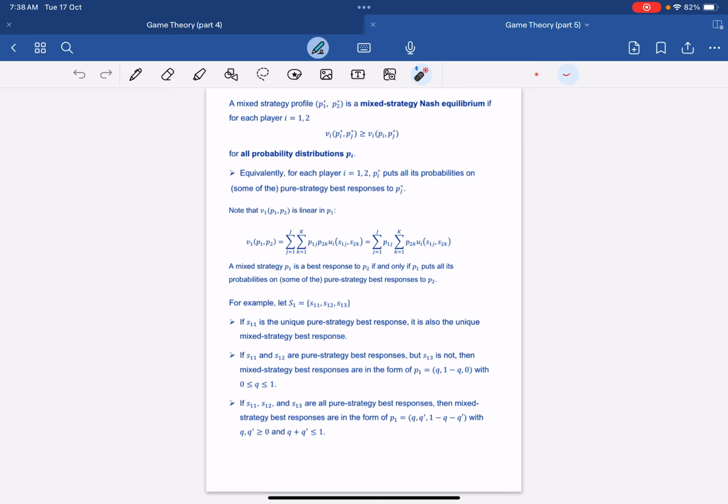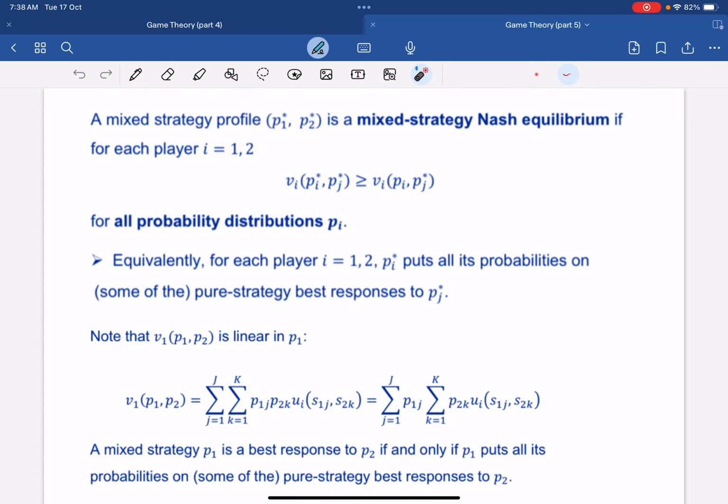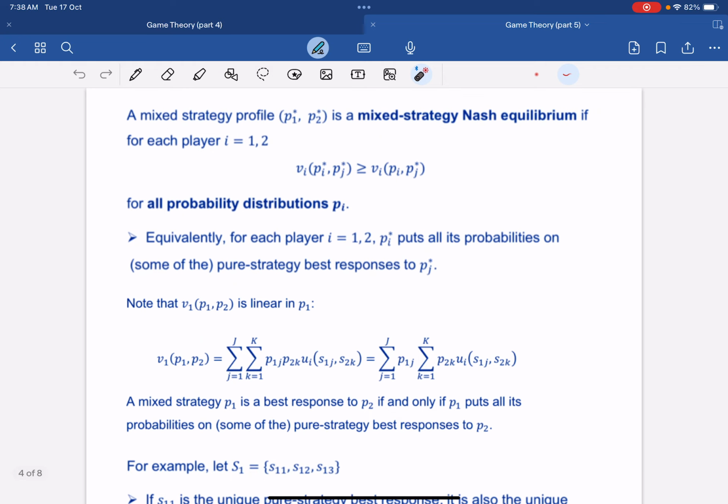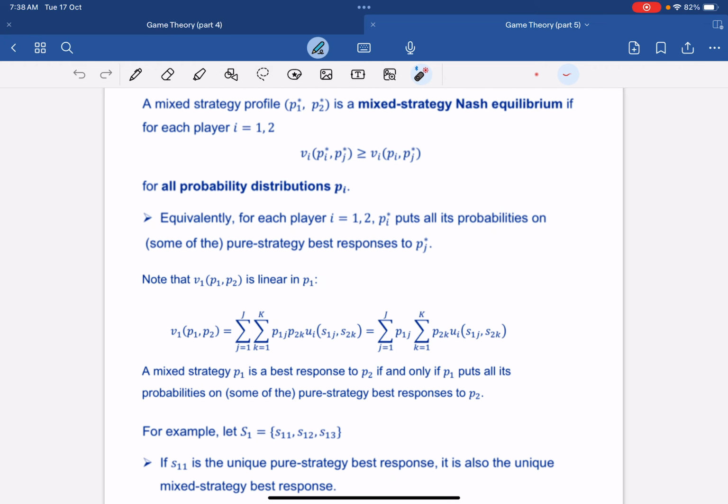And now a mixed strategy Nash equilibrium is a profile such that all other strategies give a payoff less than or equal to this mixed strategy Nash equilibrium, so that you don't have an incentive to deviate. Now we can equivalently say this.